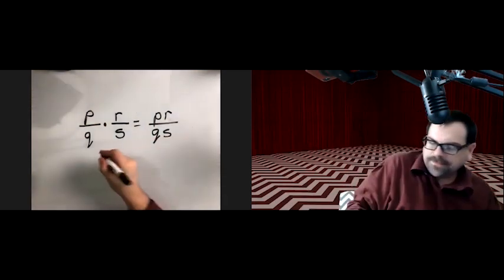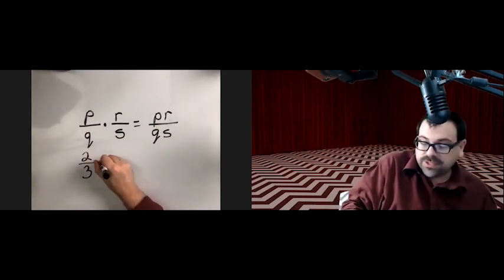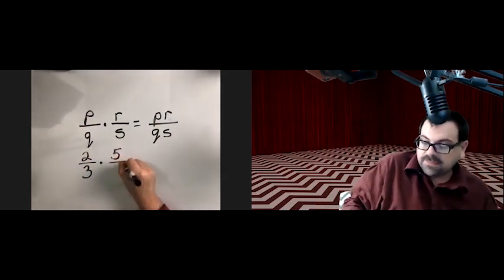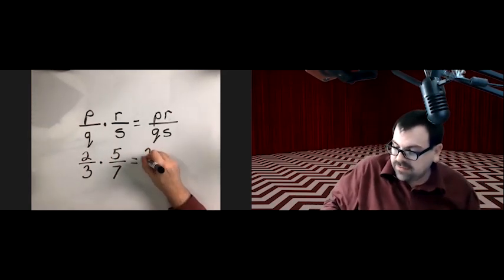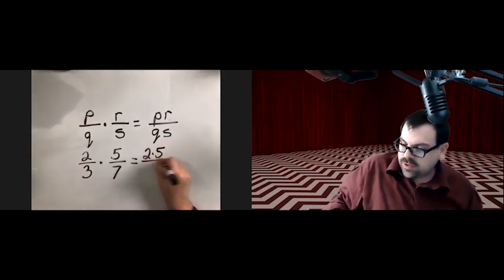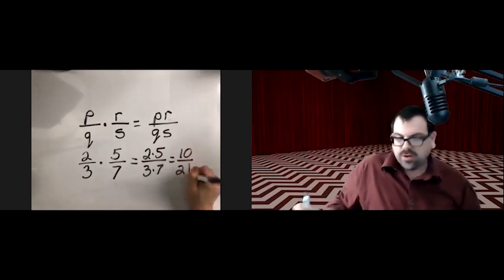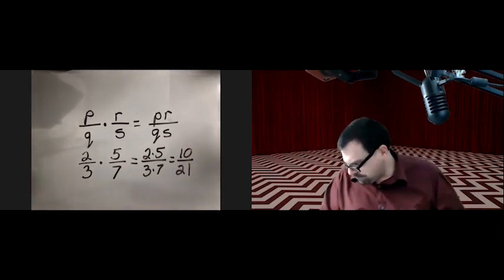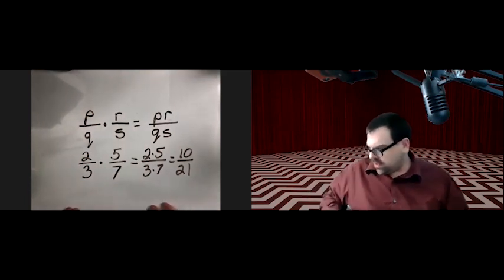For instance, if we had 2/3 times 5/7, this would be 2 times 5 over 3 times 7, which would be 10 over 21. That's multiplying without needing to reduce at all.